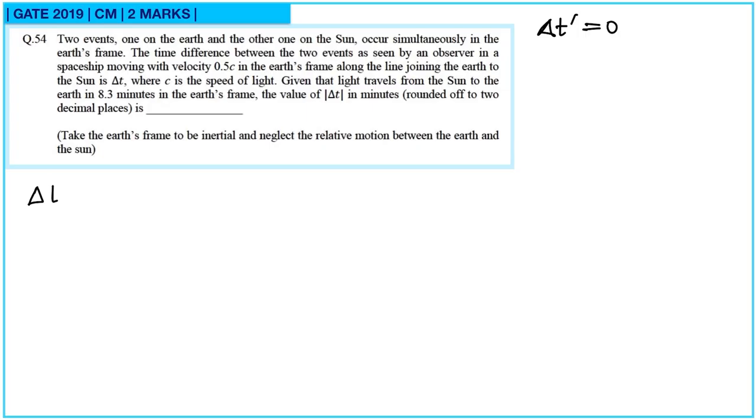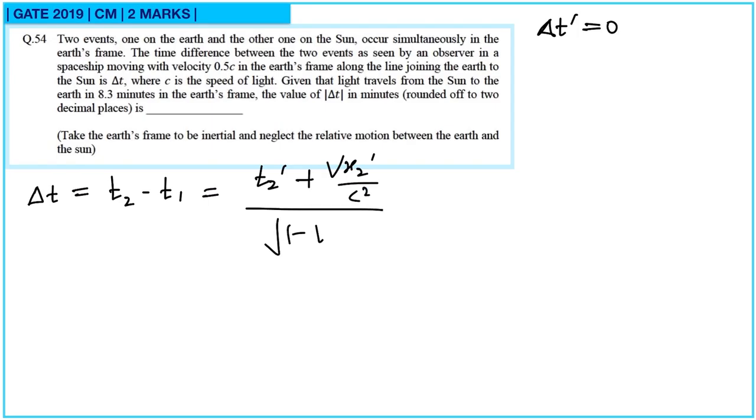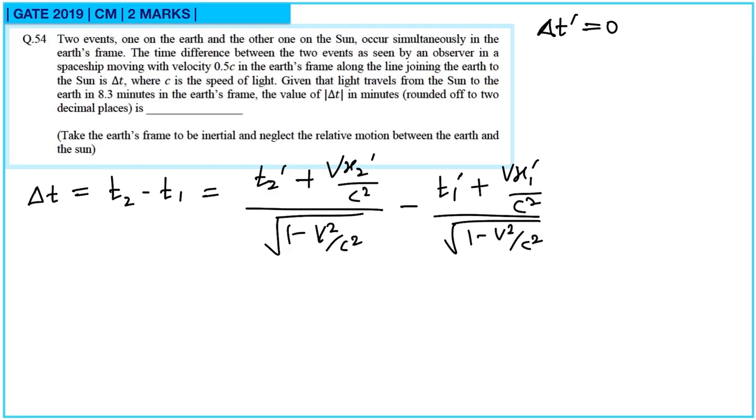Now, delta t is equal to t2 minus t1, which is equal to t2 dash plus v x2 dash by c square upon the square root of 1 minus v square by c square, minus t1 dash plus v x1 dash by c square upon the square root of 1 minus v square by c square.